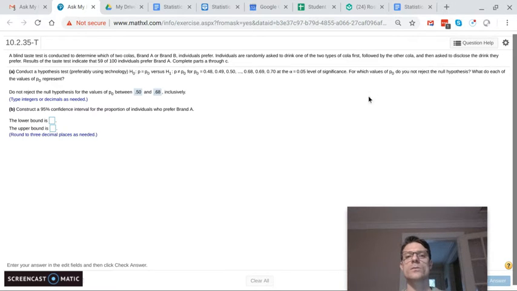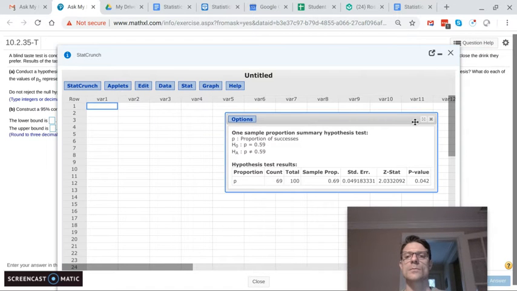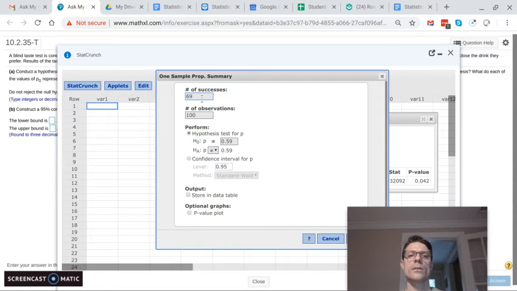And then it asks us to construct a confidence interval at 95%. Notice that this is 95%, and before our significance was at 5%. Those are complements of each other. So I can actually just do this, hit edit. So a confidence interval for 59 successes, 95%.